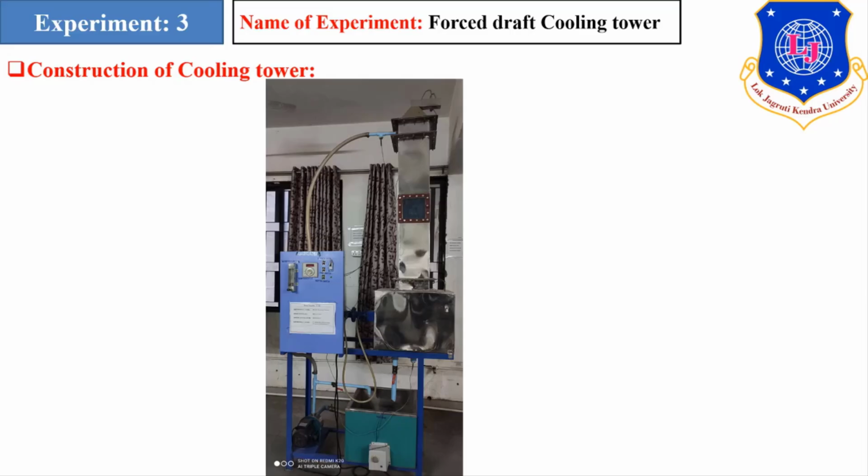From the top it passes through these packings and is collected at the bottom. The air compressor is provided at the bottom of the tower, so that the air flows upward and the hot air is removed from the top of the tower. There are thermocouples installed at the inlet and outlet for the temperature measurements of both water and air.